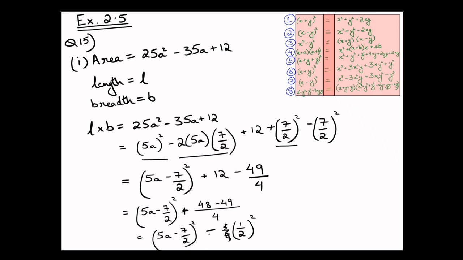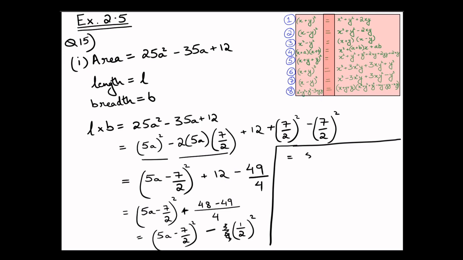And now, if we look at this carefully, this can be written in the form of identity number 3 over here. So let me just create some more space here and I'll continue with this over here. This is of the form x square minus y square, and factorizing it we get x plus y into x minus y.